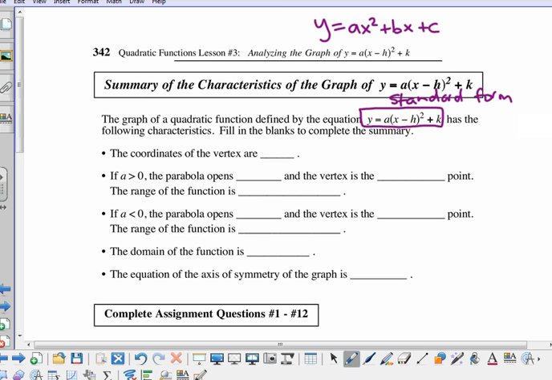So what's the vertex here? H, comma, k. What does it mean if a is greater than 0? It means it's positive and it would open up. And the vertex is the maximum or minimum? Minimum if it's opening up.